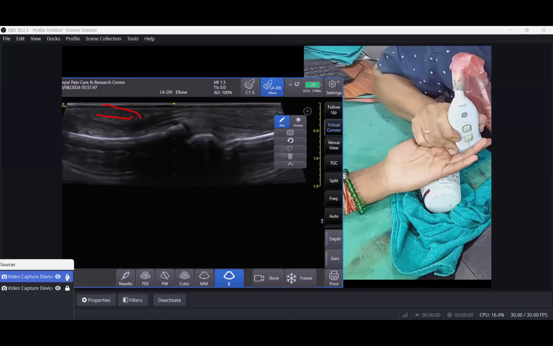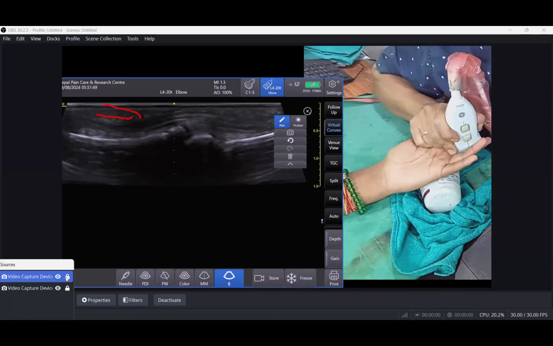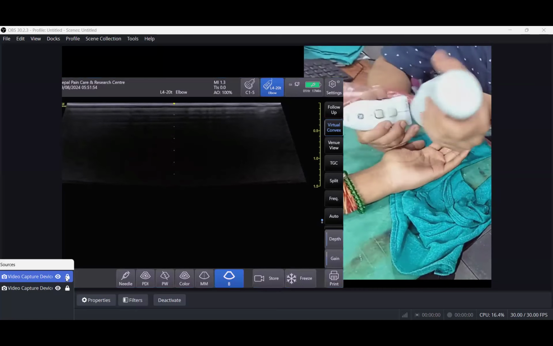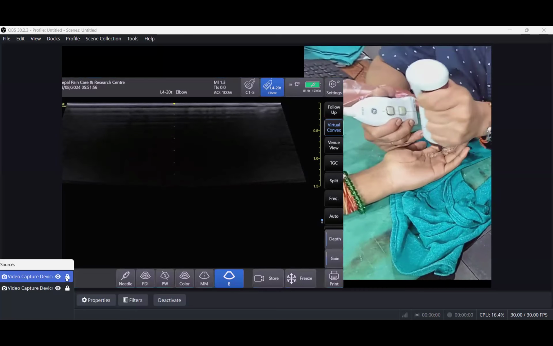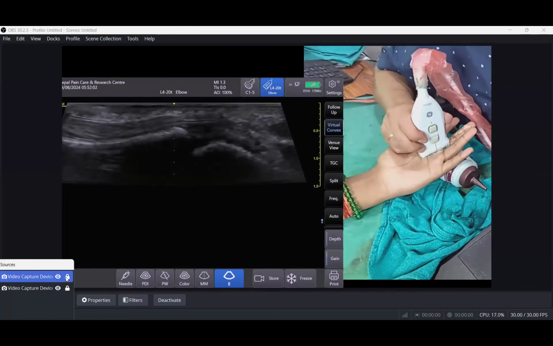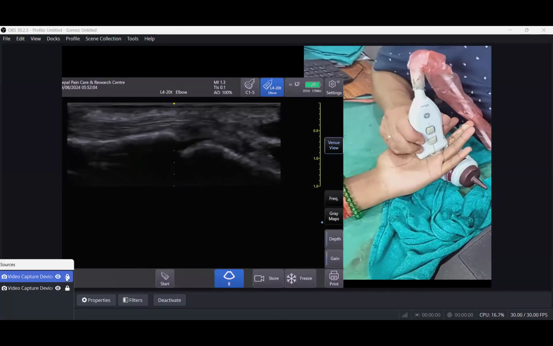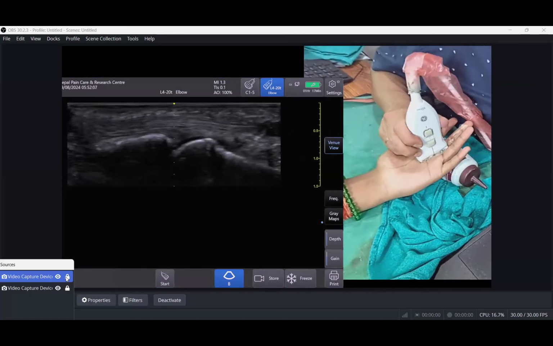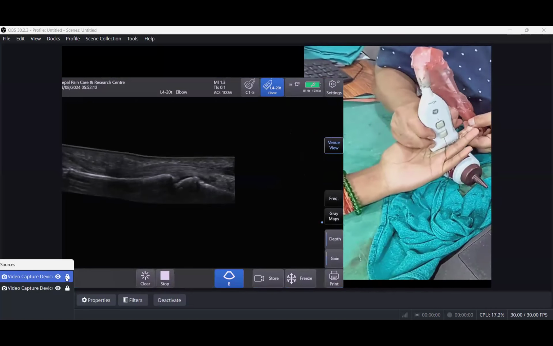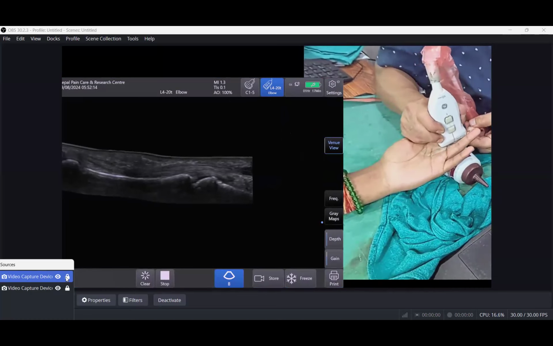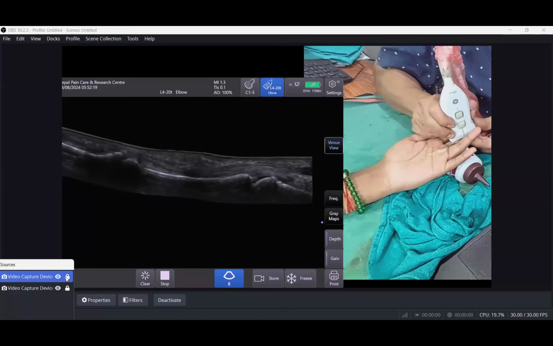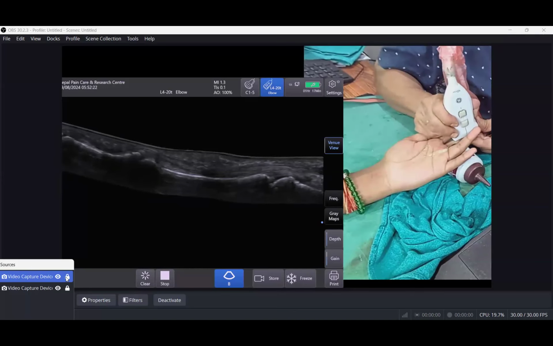I'll explain one more minute. I will be demonstrating this in panoramic view. So this is the panoramic view.